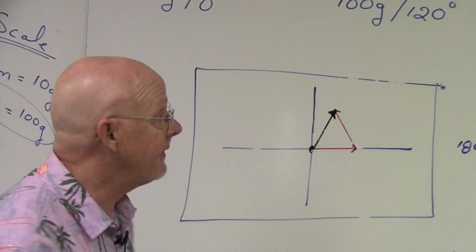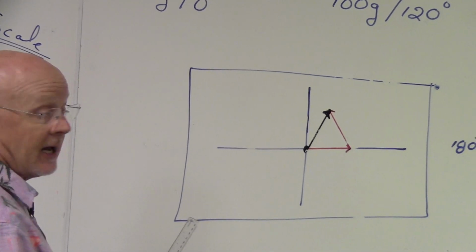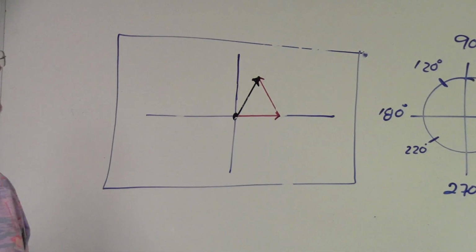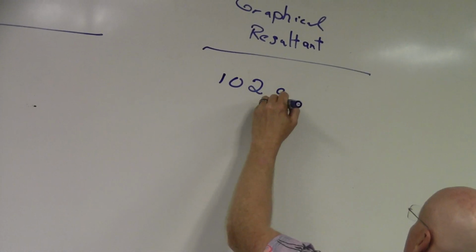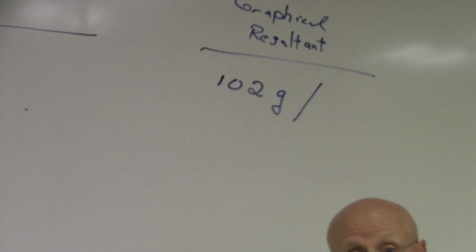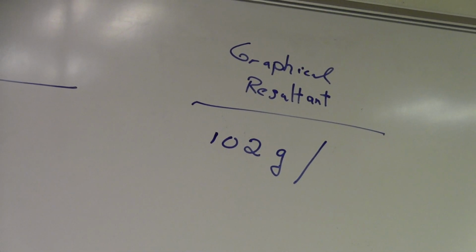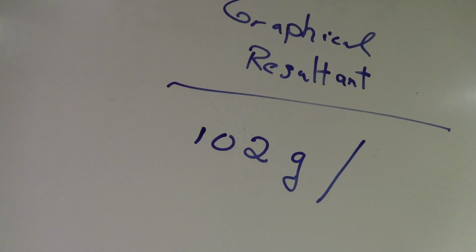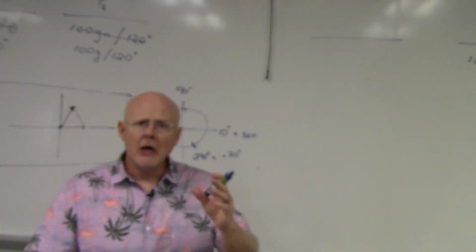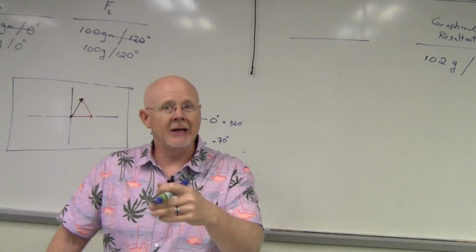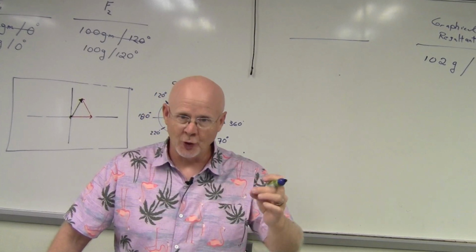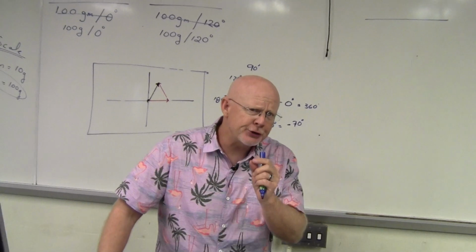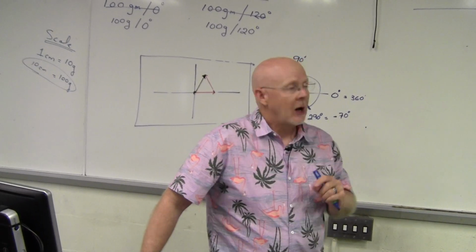I'm close enough that, because I had 10.2, I could say this is 102 grams. What I'm saying is, if I put those two forces together, which would be 100 and 100, but remember, it's 100 at 0 degrees and 100 at 120 degrees, what do I get?